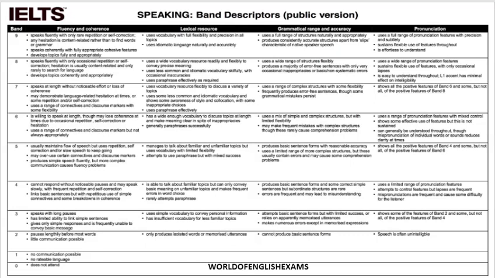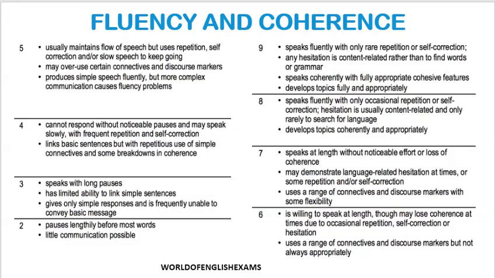So let's begin. Because fluency and coherence is the first factor, we are going to talk about this factor in detail to understand what exactly you need in order to get that band 9. Now let's start with the lowest band, that is 2. The characteristic of a person who is going to score a band 2 for fluency and coherence is pauses lengthily before most of the words.